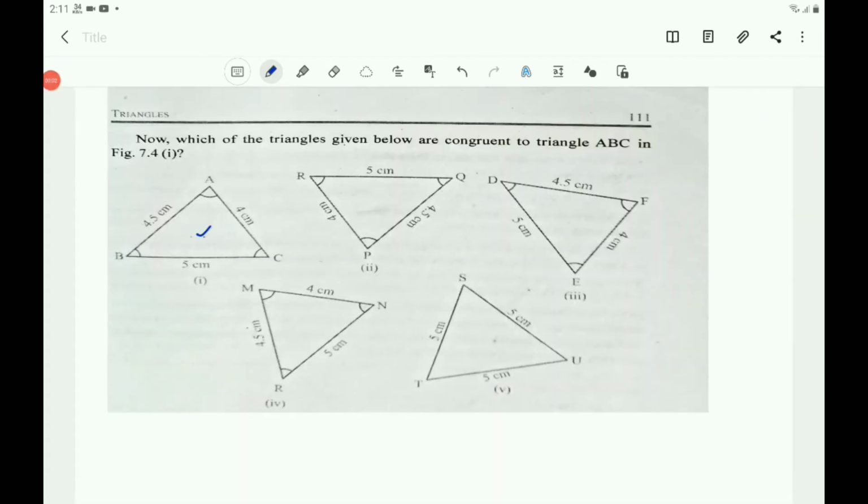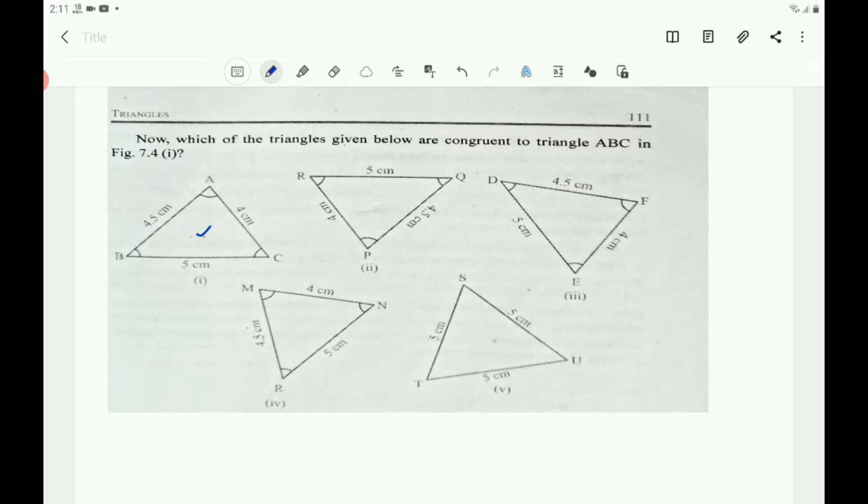Now which of the triangles given below are congruent to triangle ABC? Cut out each of these triangles and turn them around and try to cover triangle ABC.